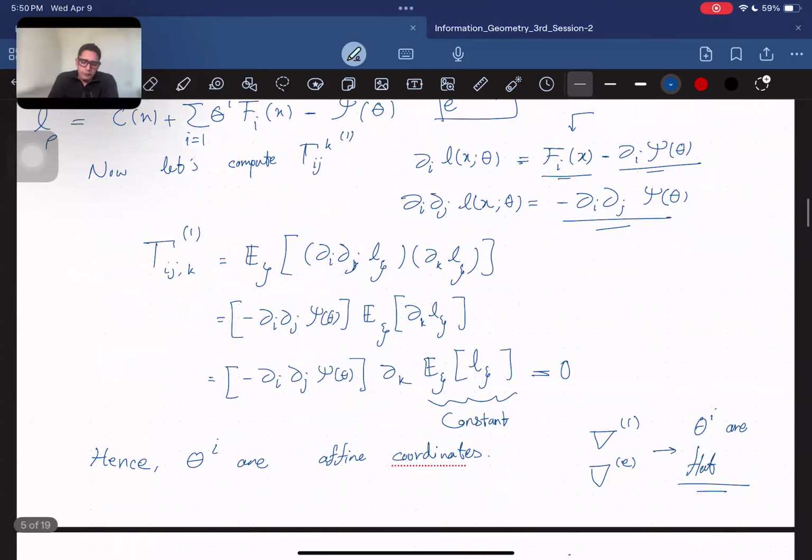So if I compute the n to the power of 3 connection coordinates, I end up with this thing, which is essentially this. This is a constant. It does not depend on your expectation value. So you have to take this.